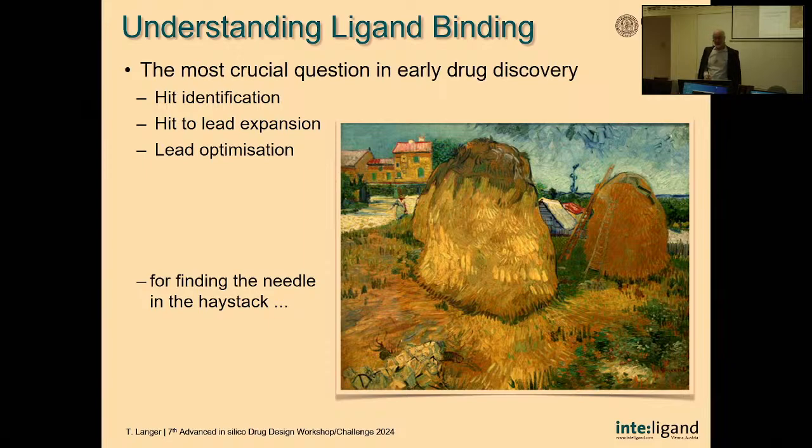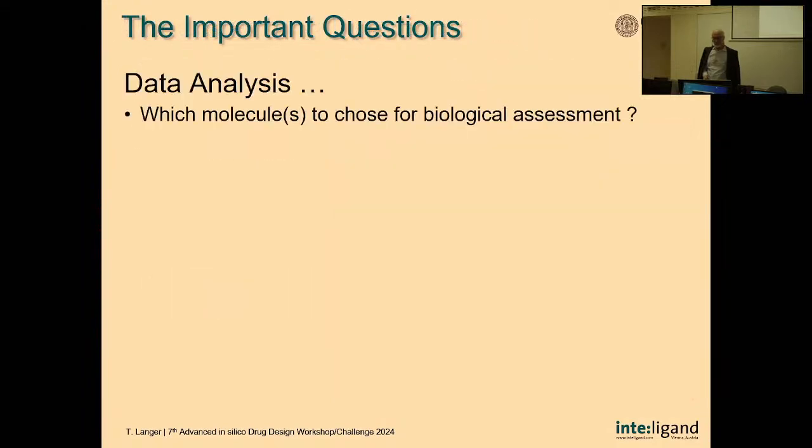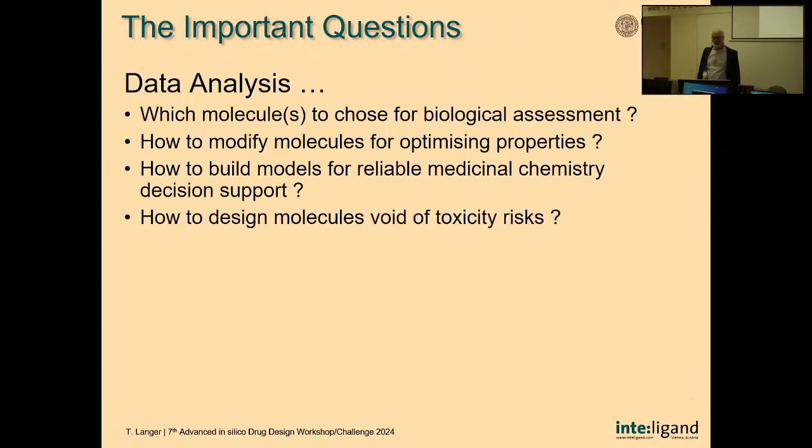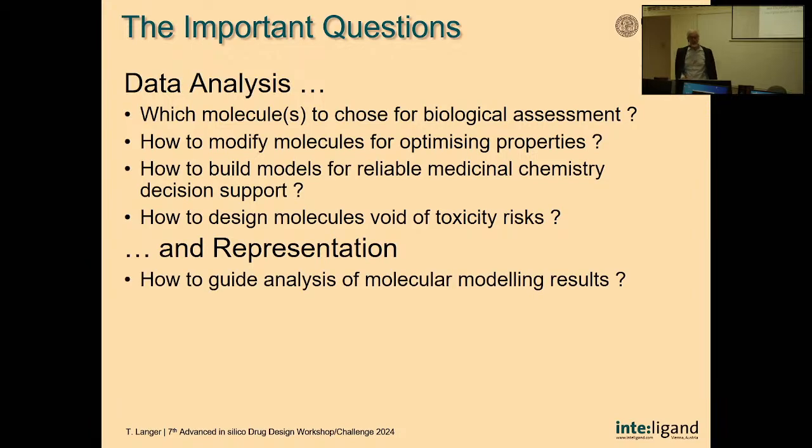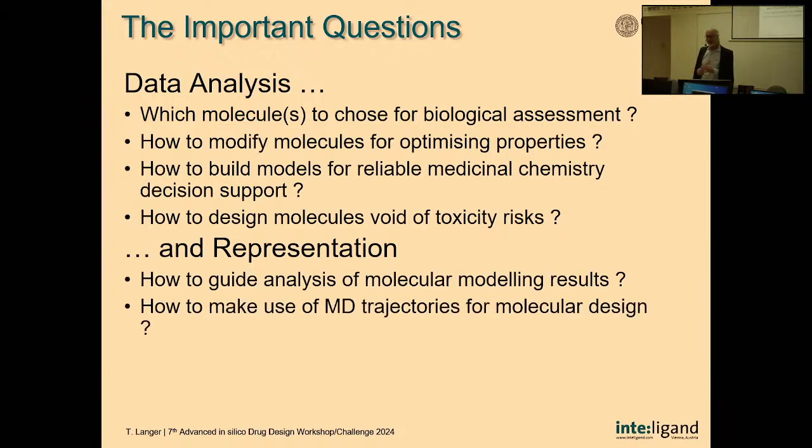So let's see. The most important questions are, of course, related to data analysis: which molecules to choose for biological assessment, how to modify these molecules for optimizing their properties, how to build models for reliable medicinal chemistry decision support, and how to design molecules void of toxicity risk if you want to go into drug discovery. And it's about data representation, how to guide the analysis of MD and molecular modeling results, and also how to make use of MD trajectories.